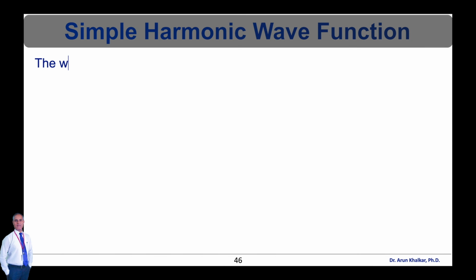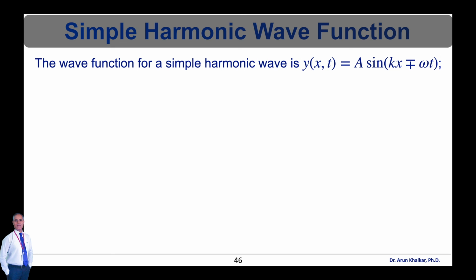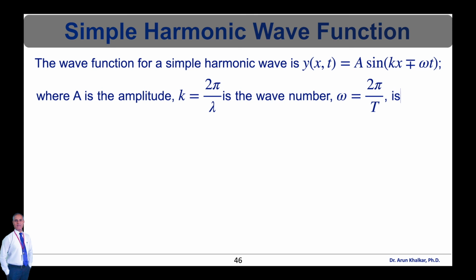Hence, the wave function for a simple harmonic wave on a string reduces to y of x,t equal to A sine of (kx minus or plus omega t), where capital A is the amplitude, small k equal to 2 pi by lambda is the wave number, and omega equal to 2 pi by capital T is the angular frequency.